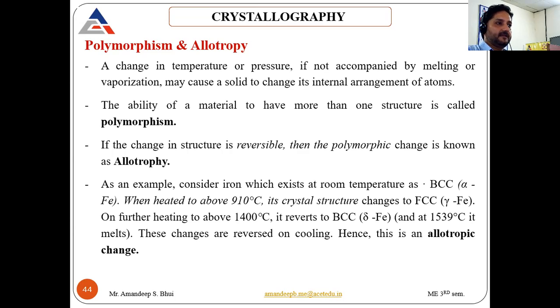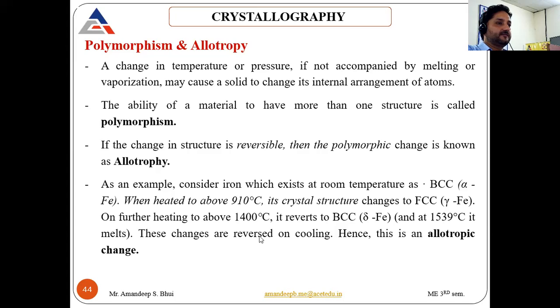Allotropy is exhibited by iron. This is an example at the bottom here. Iron exists at room temperature as BCC alpha iron. When it is heated above 910 degrees centigrade, the crystal structure changes to FCC gamma iron.